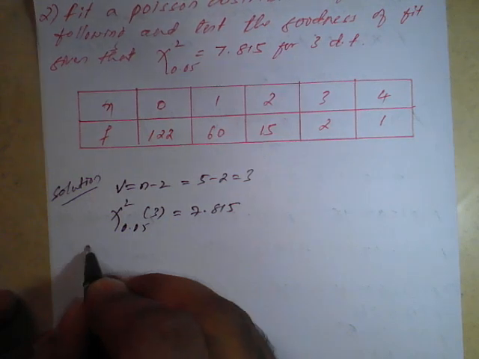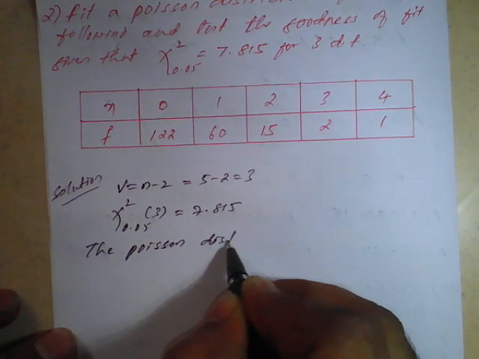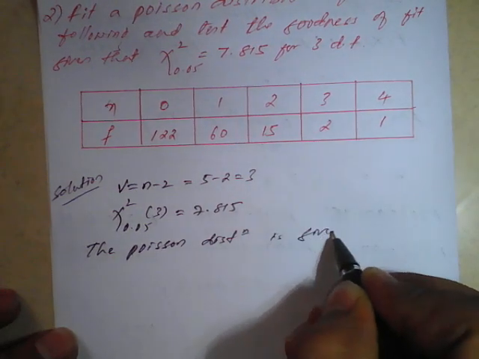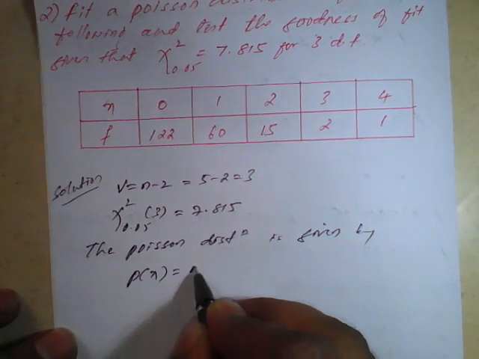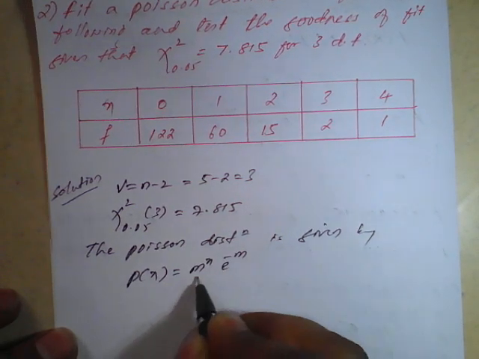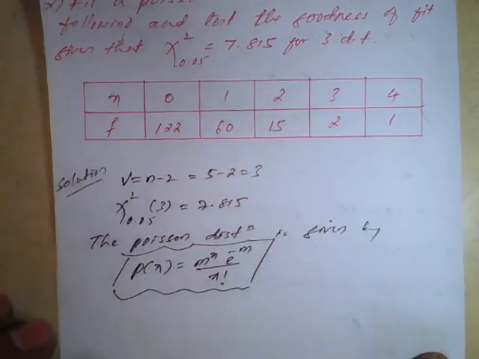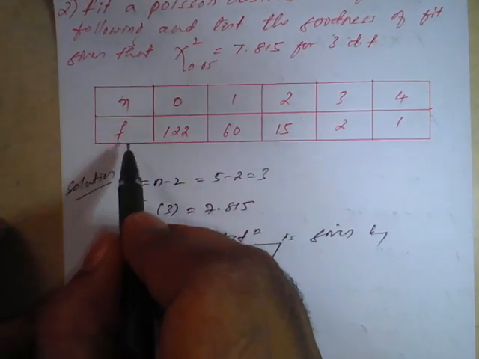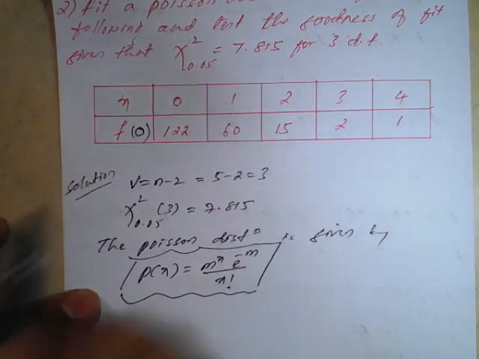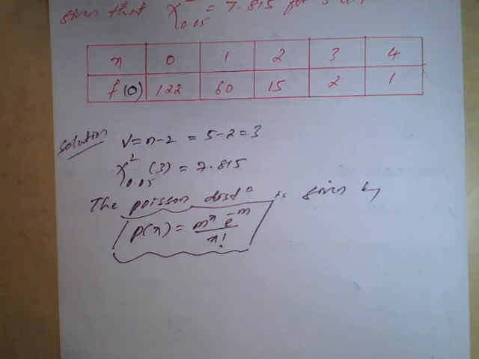Okay, so we know that the Poisson distribution is given by P of x is equal to m raised to x, e raised to minus m, divided by x factorial. So this we already know from the previous module. Here this frequency is nothing but O, the observed one. So we need to calculate the theoretical frequencies.